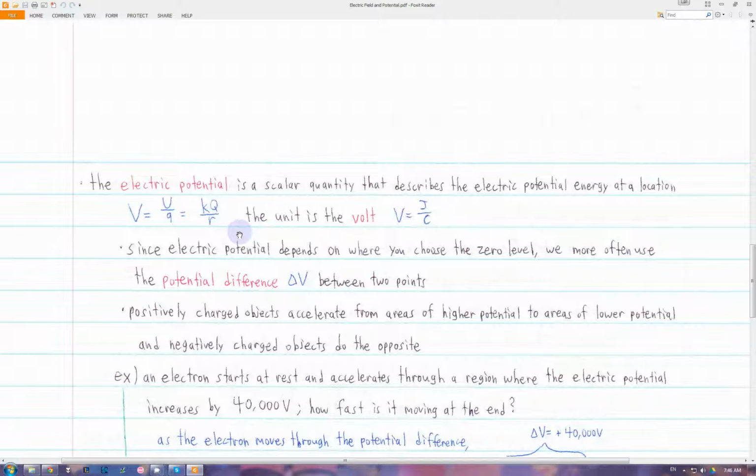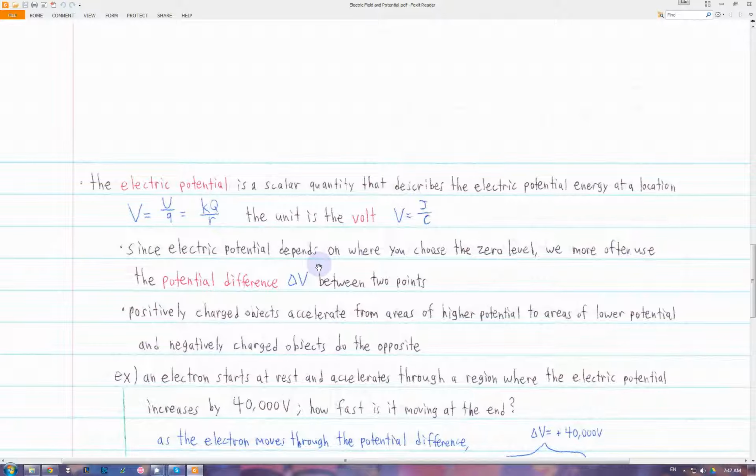Much like, when we use the equation for gravitational potential energy, mgh, we have to choose where h equals 0. And so for electric potential and electric potential energy, the zero level is usually when the charges are an infinite distance apart, or very far.